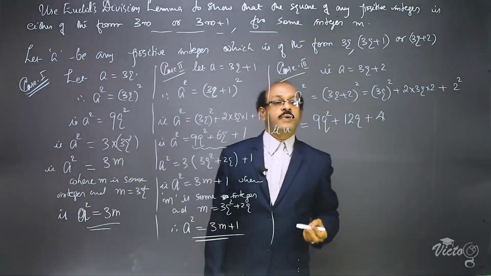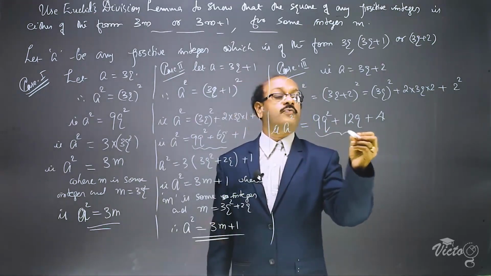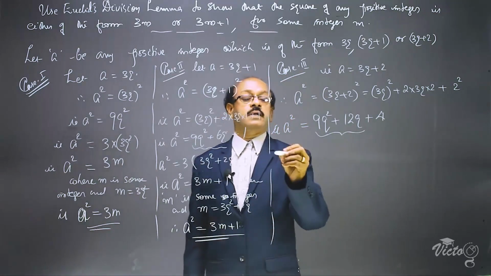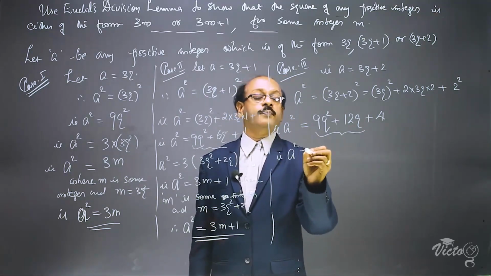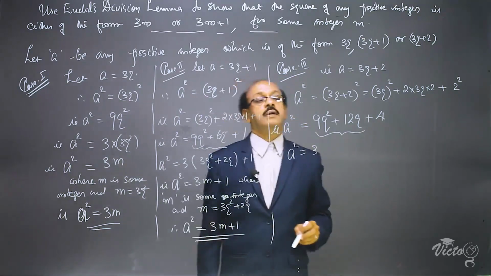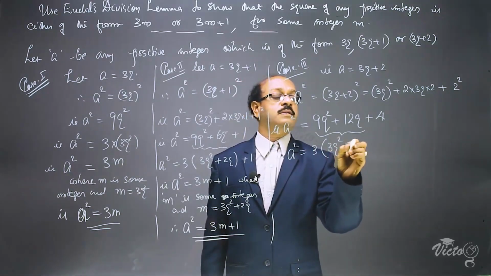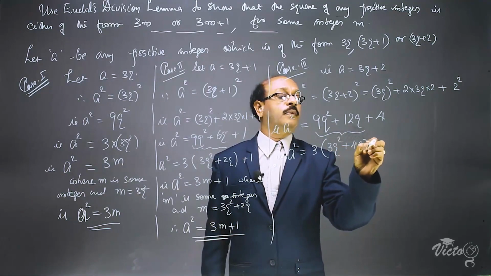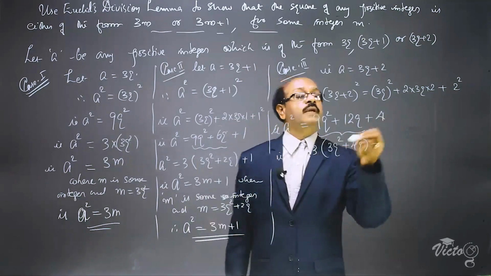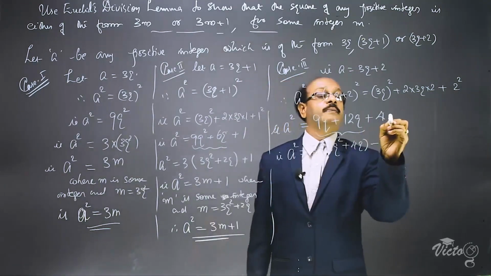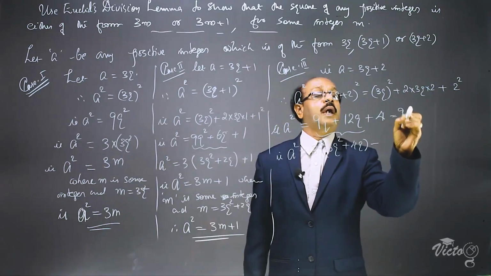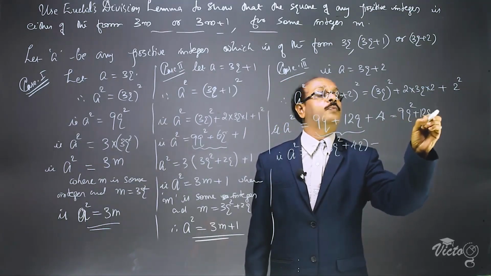Here also we are taking 3 as a common factor from the first two terms. That is, a square is equal to 3 into 3q square plus 4q, then plus, we can split this 4 as 3 plus 1. This is equal to 9q square plus 12q plus 3 plus 1.